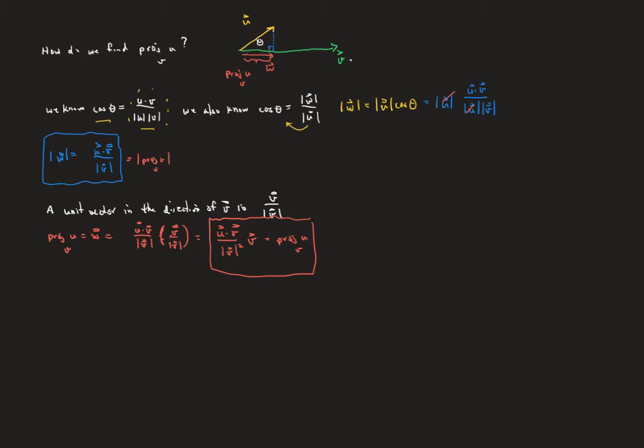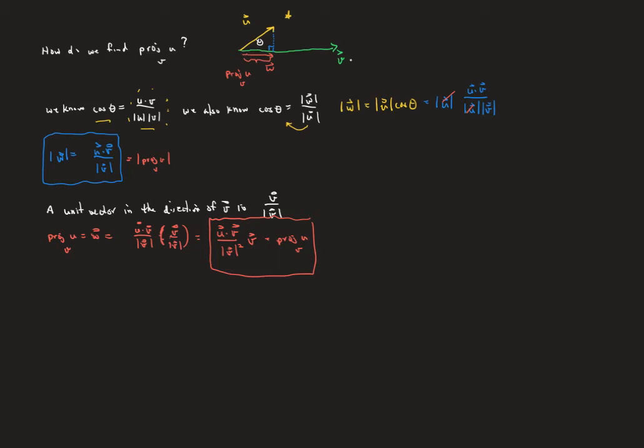Now, something worth noting is that one way of thinking of this is, I'm going to go back to the original picture up here. What the projection vector represents is how much of this yellow vector U is going in the direction of the green vector V.